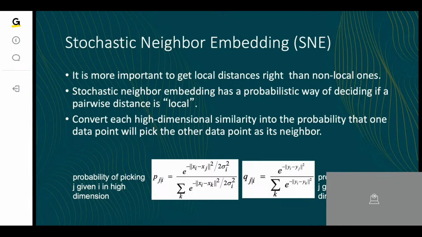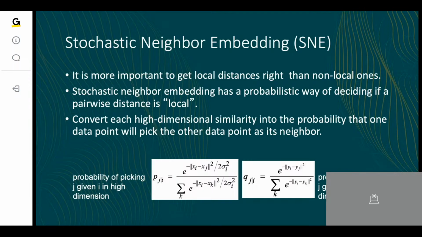So think about it this way: let us say you have been given a point I in high dimensional space, and let's say P represents the probability of picking another point J in the high dimensional space, where J is in the local neighborhood. So the first term that you see over here, P j given i, essentially denotes that. A similar term in the lower dimensional space can be computed similarly in here. Just that I think the lower dimensional space is normalized, so that's why the sigma terms disappear.